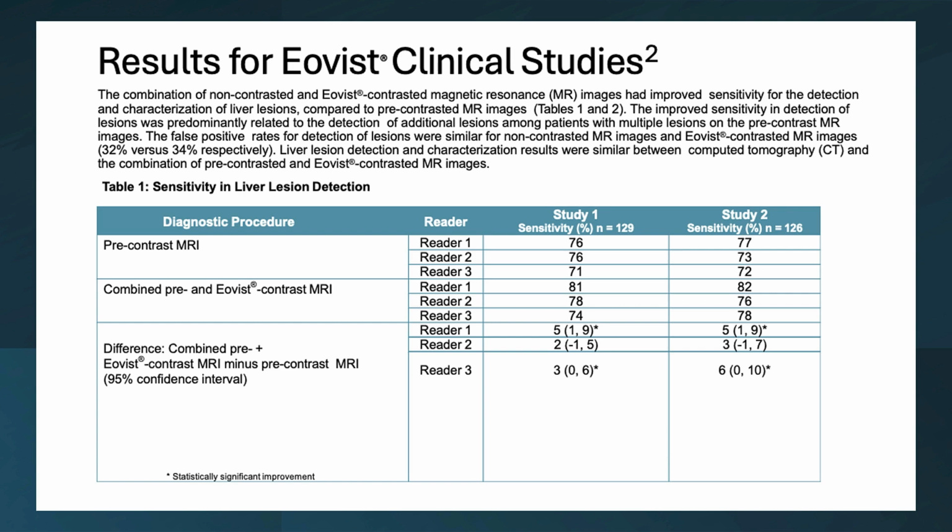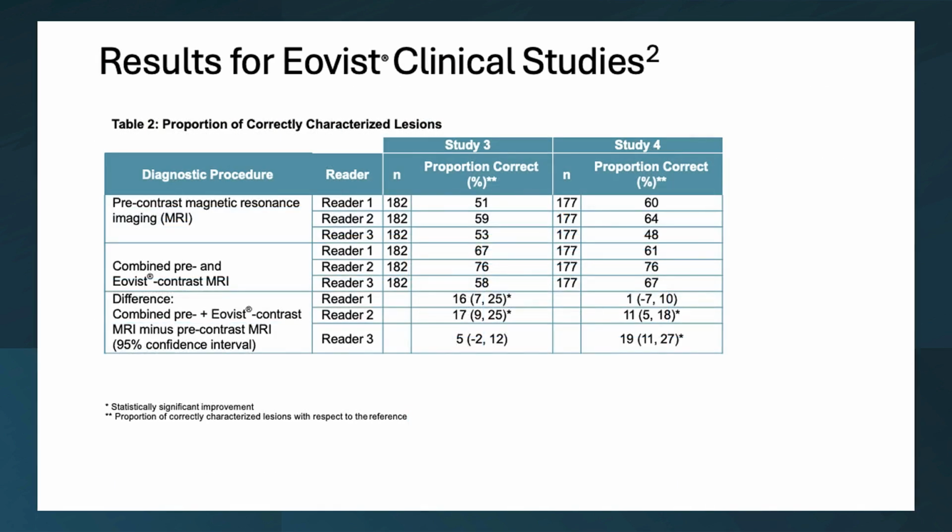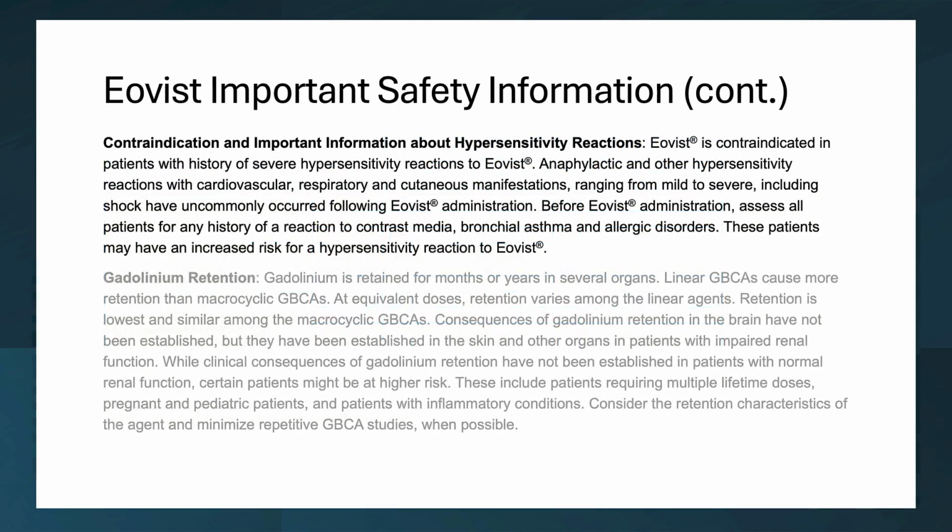Liver lesion detection and characterization results were similar between computerized tomography, or CT, and the combination of pre-contrasted and EOVIST contrasted MR images.